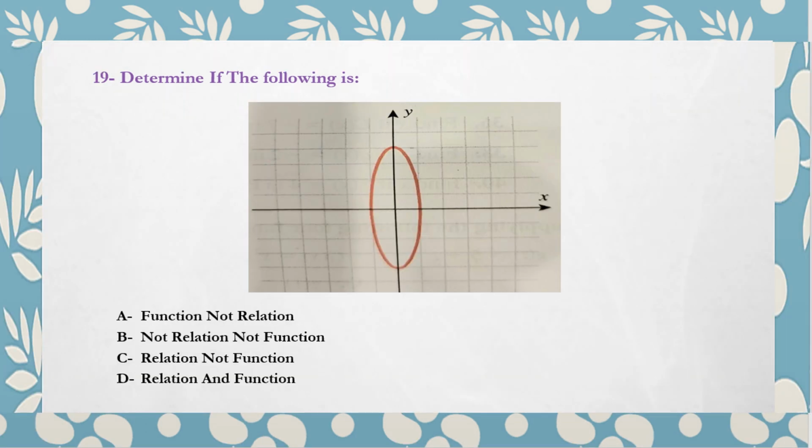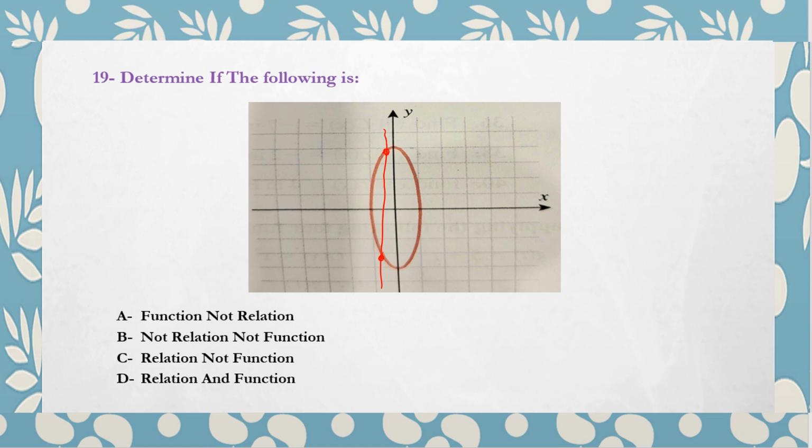Example 19, determine if this graph is a function or not. Again, we will use the vertical line test, and we can find here that the line intersects the graph in 2 points, here and here.